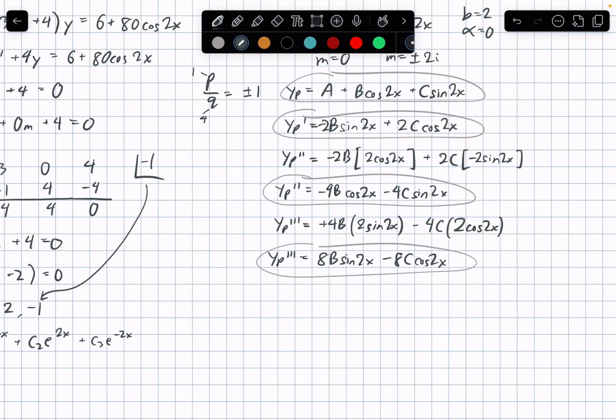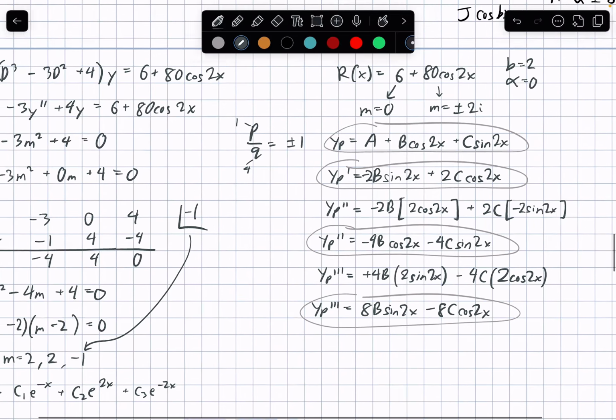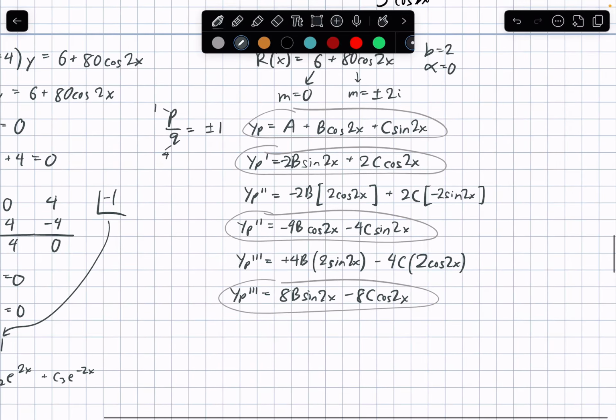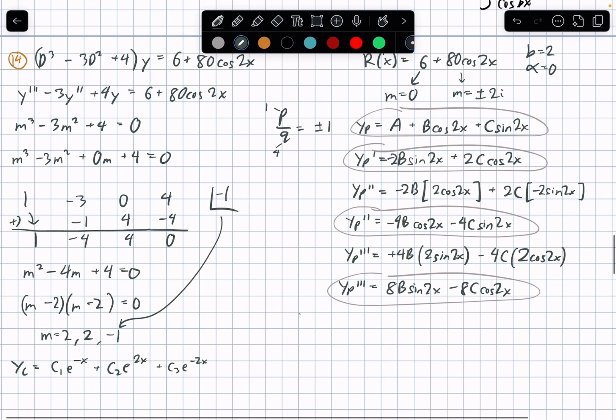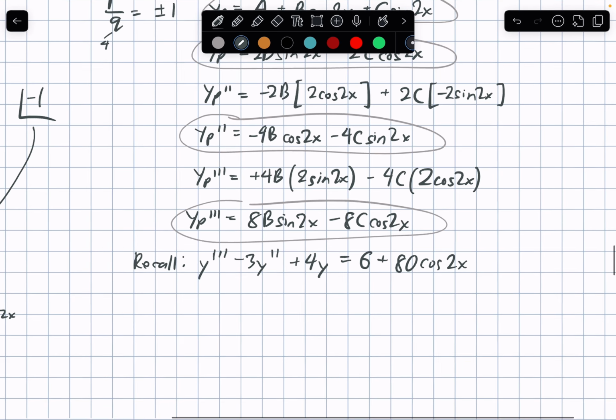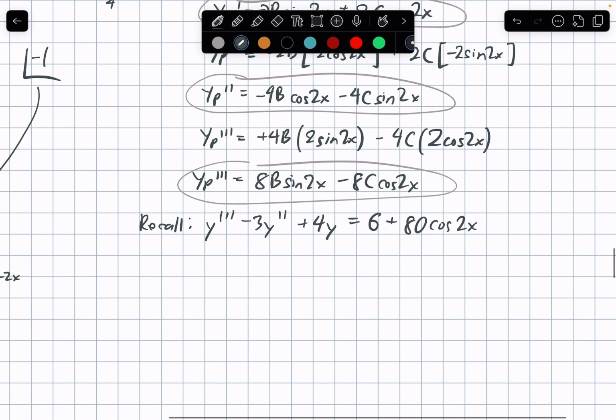Sorry, no. What's our reference again? After this, you recall we have y triple prime minus 3y double prime plus 4y equal to 6 plus 80 cosine 2x. Give me a minute.